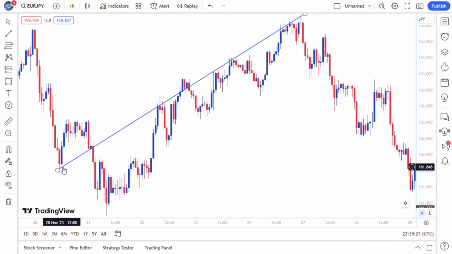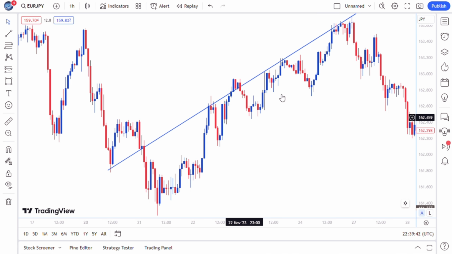Market prices reacted here and these other levels. In all these places, prices initiated pullbacks. And this level captured more price actions than the previous.